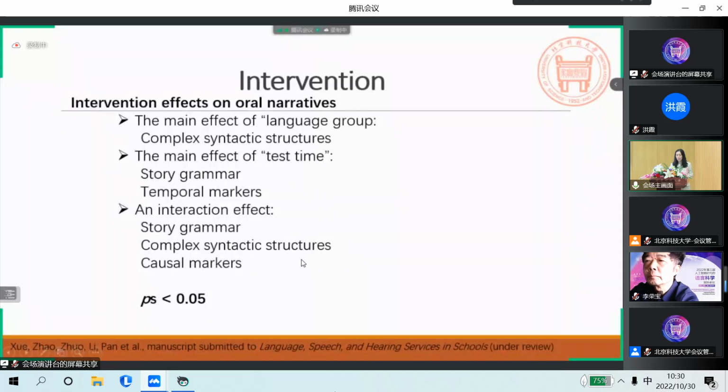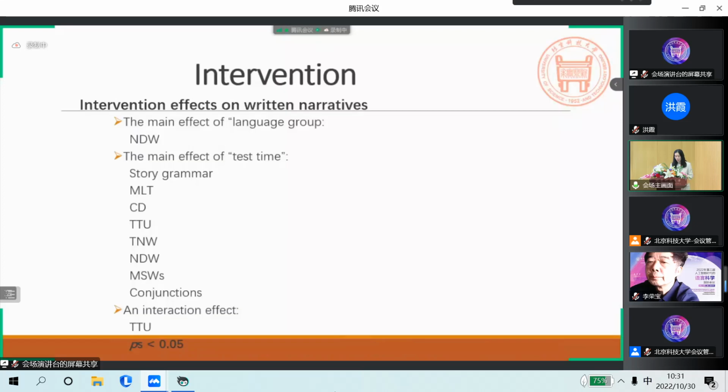That means children with DLD might have difficulties on all these measures, but this kind of difficulty might be relieved after intervention.